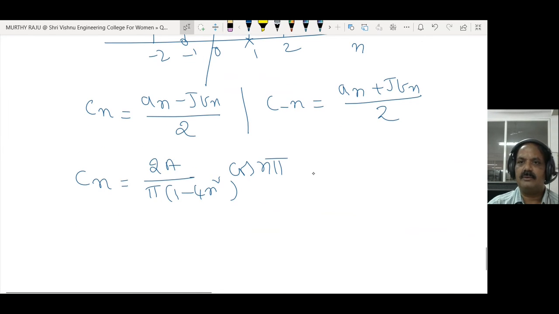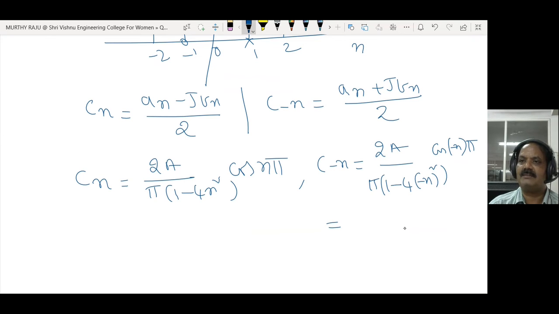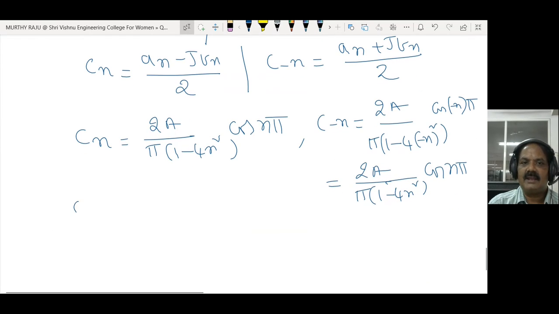C minus n also: C minus n is equal to 2a by pi, 1 minus 4, n is replaced with minus n whole square, cos of minus n pi. Cos of minus n pi is cos n pi. 2a by pi into 1 minus, n whole square is n square, that is cos n pi. Therefore, Cn is equal to C minus n.